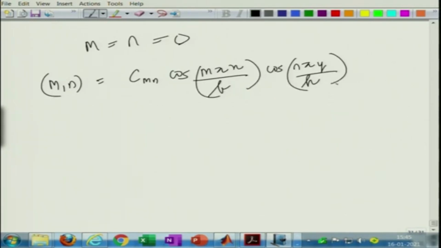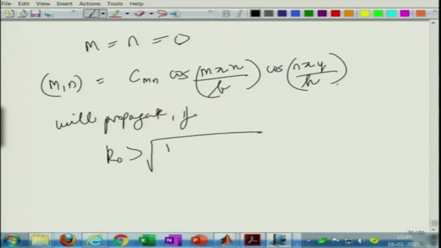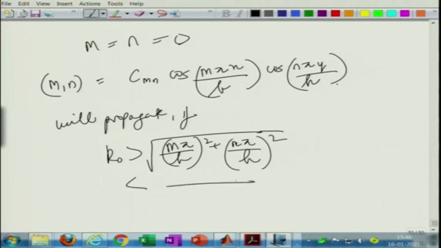Now this mode will propagate if your k naught is greater than this cut-on value. In such a case this mnth mode will be cut on, or it will no longer be evanescent. If k naught is less than this value, then such waves are called evanescent waves, they decay spatially.